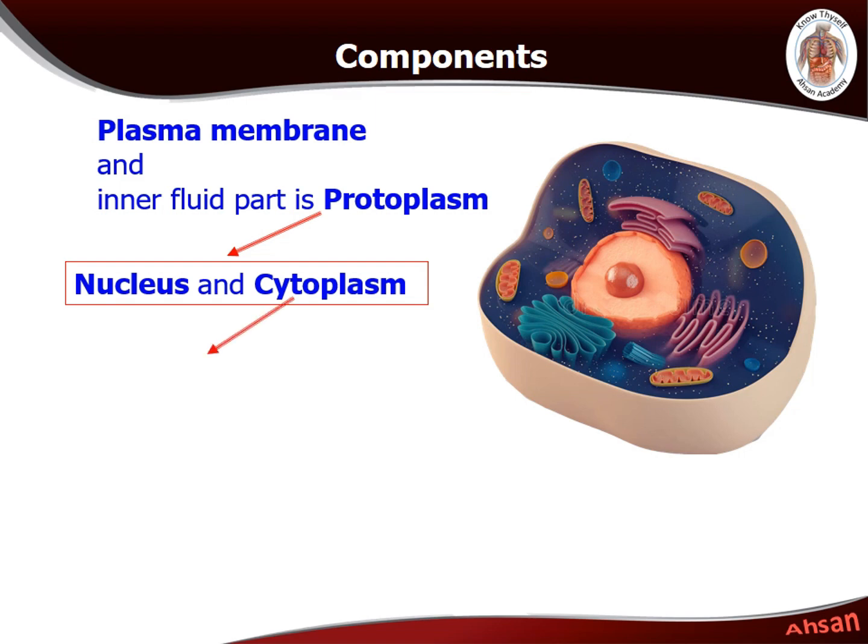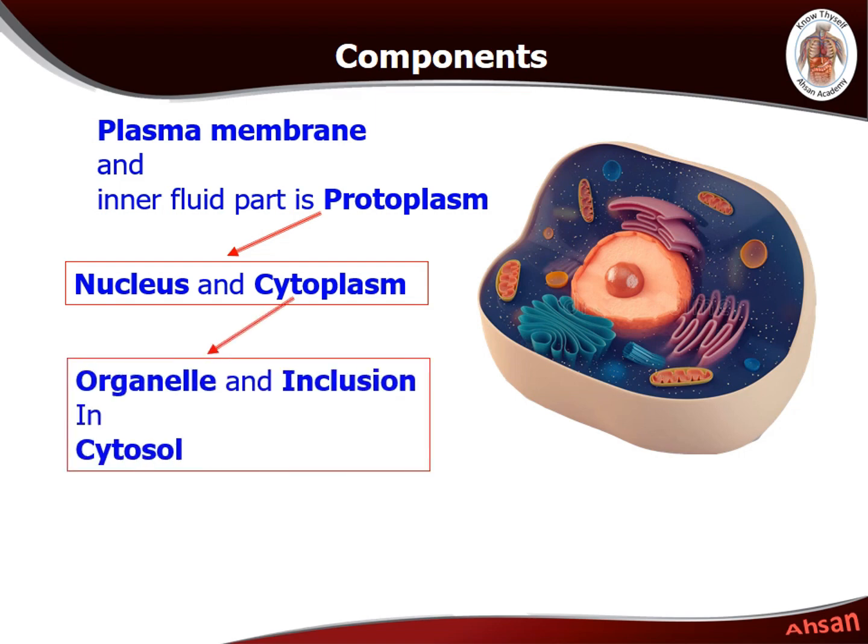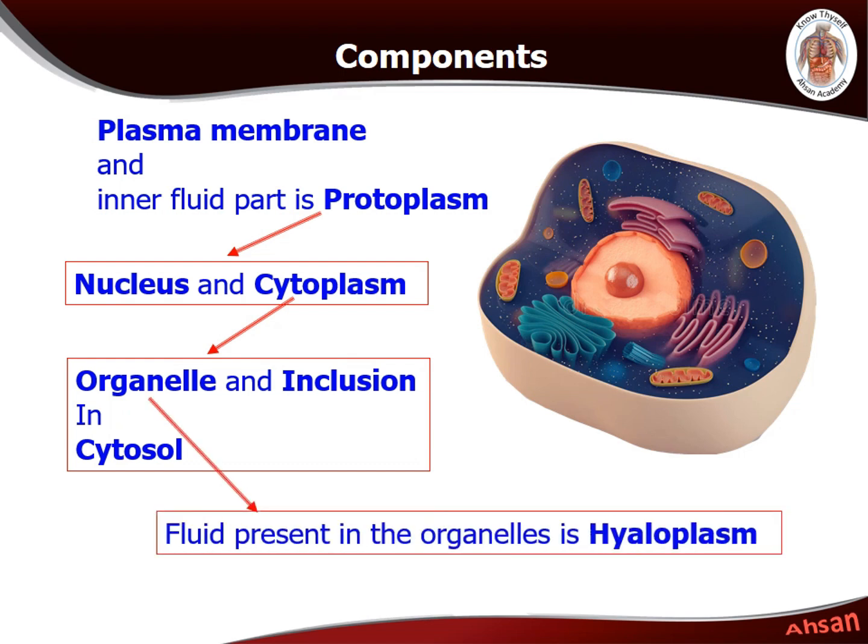Within the cytoplasm, we will find that the fluid portion is cytosol, and in it there are particulate matters like organelles and inclusions. Within the organelles we will get some clear fluid. This is known as hyaloplasm. So these are the components of a cell.